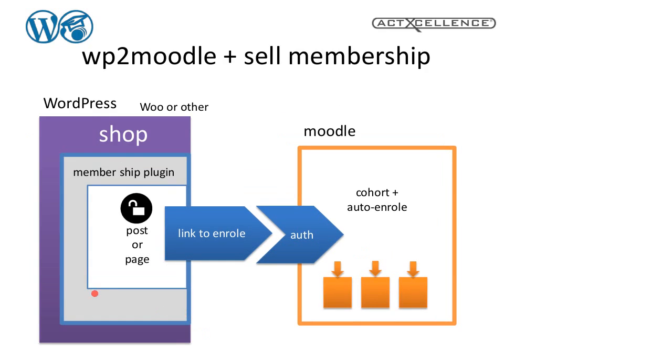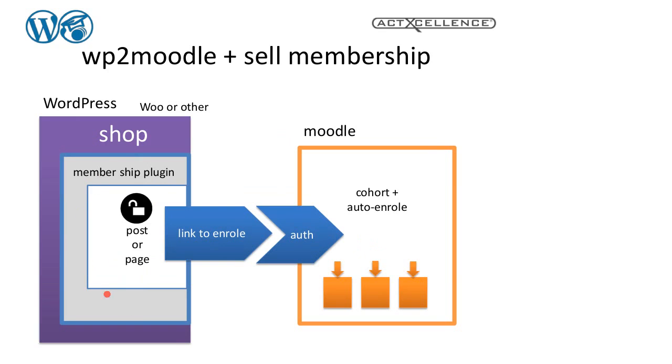Okay, so to sell this membership from a membership plugin, you need a shop. This can be WooCommerce or others. And now you have what you wanted. You have an enrollment possibility to courses.